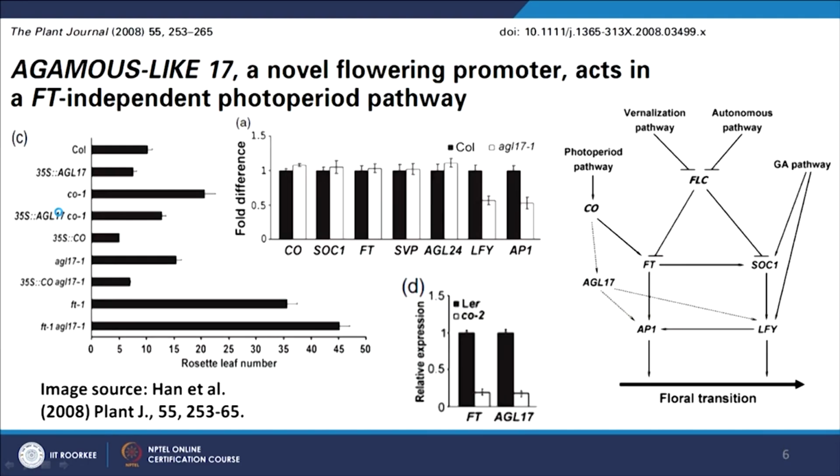Similar genetic analysis has been done here to show that AGAMOUS-LIKE 17, another gene working through a different pathway, is also downstream of CONSTANS. As you can see, in the constans mutant background, the expression of both FT as well as AGL17 is decreased. So, CONSTANS is activating AGL17, and AGL17 is also activating finally AP1 and LFY.